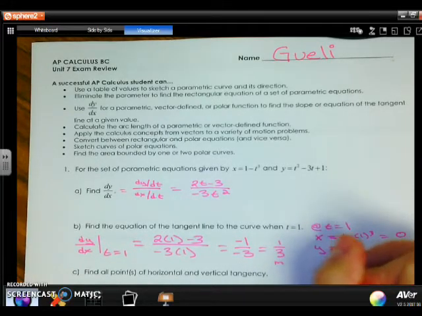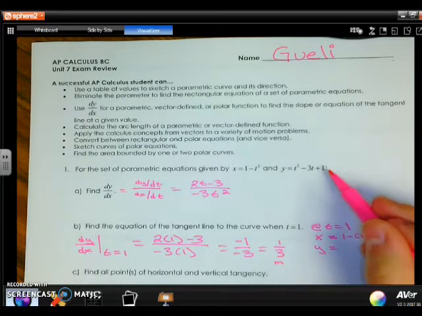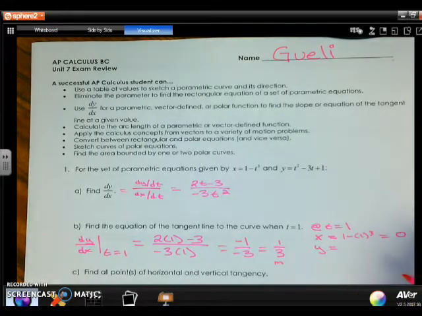Then I need to figure out what y is as well. Still at t equals 1, I plug it in: that's 1 minus 3 plus 2. Nope, sorry, 1 minus 3 plus 1. There we go, that makes more sense. So that's negative 1.